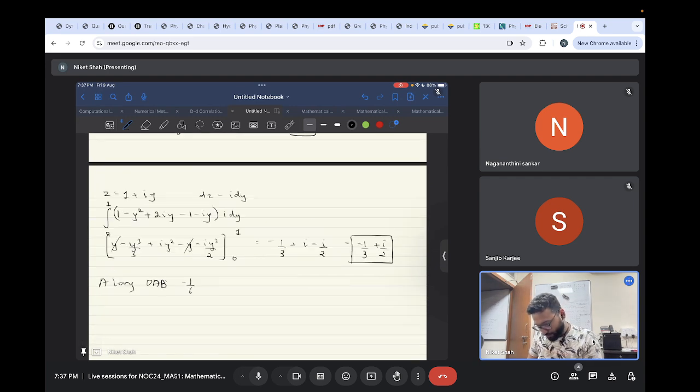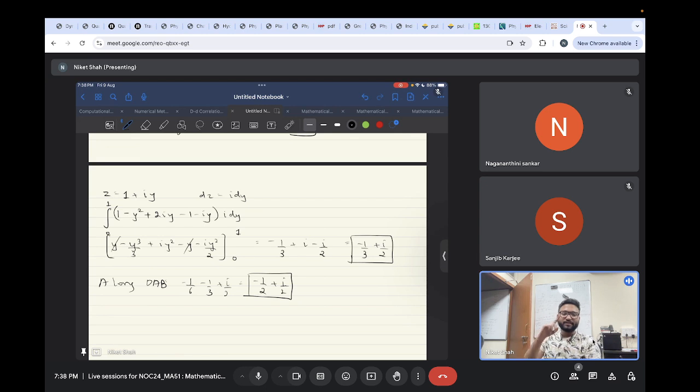The whole integral is minus 1 by 6, which is for the part OA, and then minus 1 by 3 plus i by 2, which is for the path AB. So the total becomes minus 1 by 2 plus i by 2. That's the net result. Along the path OAB, this integral yields minus 1 by 2 plus i by 2.